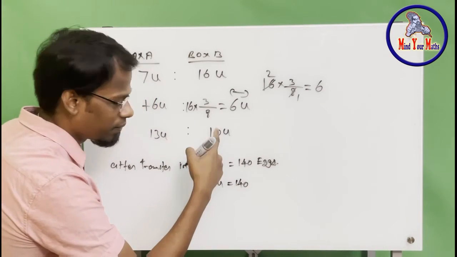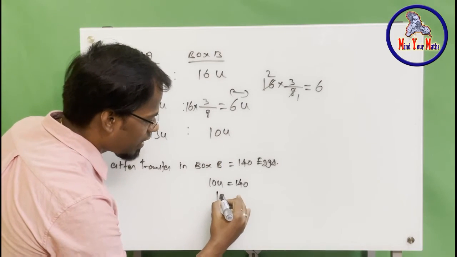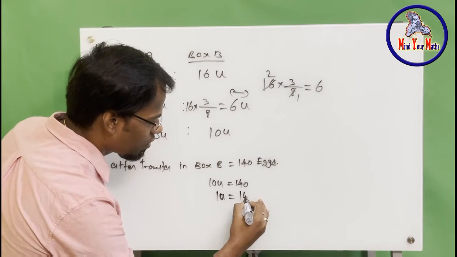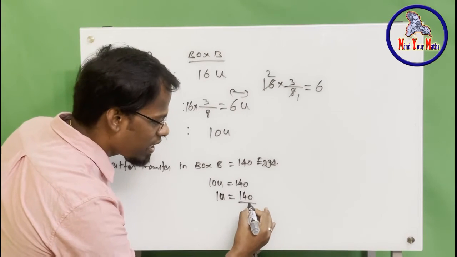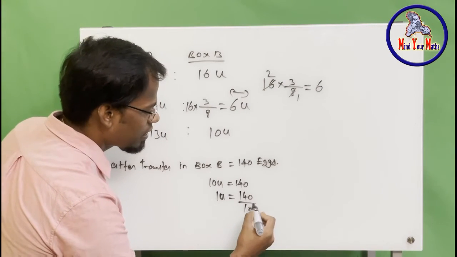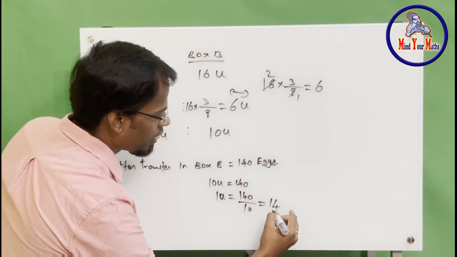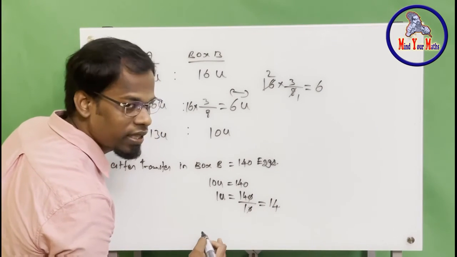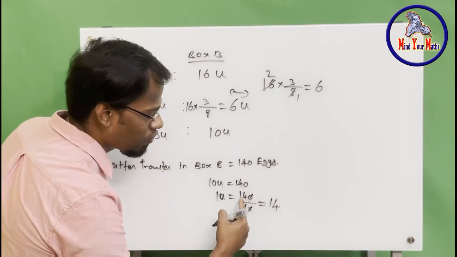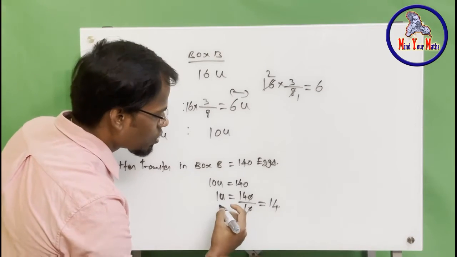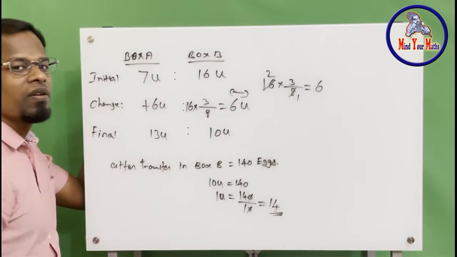Now what is 1 unit in that case? 140 divided by 10, exactly. Now this is 14, you can just cancel the zeros. 14 over 1 is 14. So 1 unit is equal to 14.